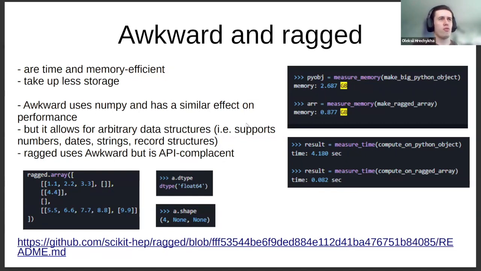To combat that, a ragged array library is being developed, and it is basically a wrap around Awkward, which somewhat limits its usage, but allows the user of the ragged library to work with ragged or jagged arrays in an API-compliant way.